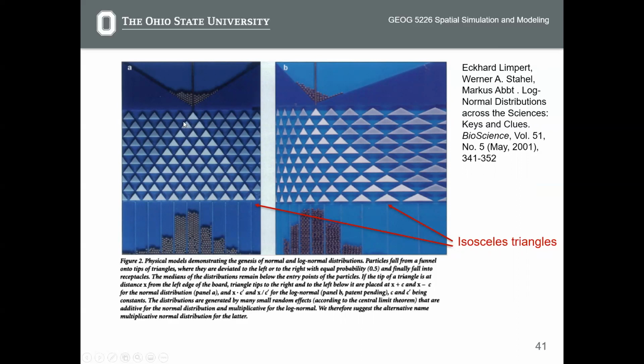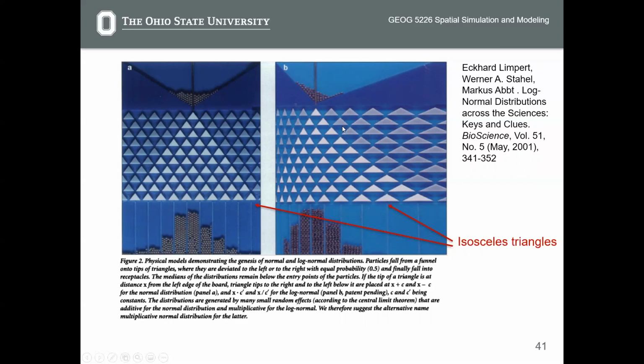And no matter whether a ball goes left or right, the distance it will travel from the central line stays the same, because all triangles here have the same size. But on the right side, it's different. This is a Galton board for log normal distribution.